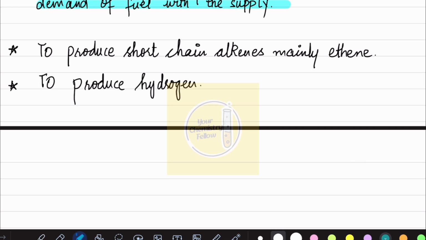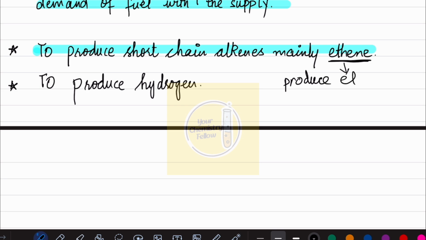The next is to produce short chain alkenes, mainly ethene. Why is ethene mainly produced during the cracking process? Because it is used in the production of ethanol. It is used as a reactant, as a raw material here. It produces ethanol, and it is also used as a raw material in the manufacturing of plastics.